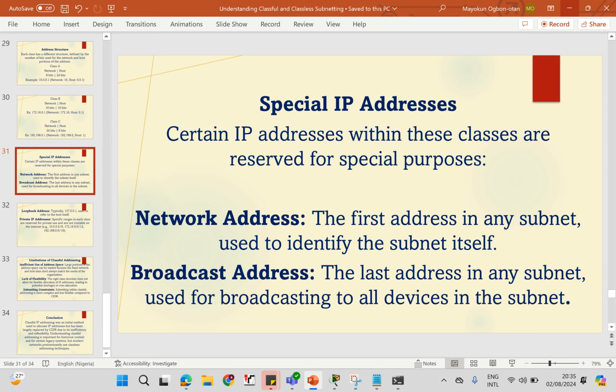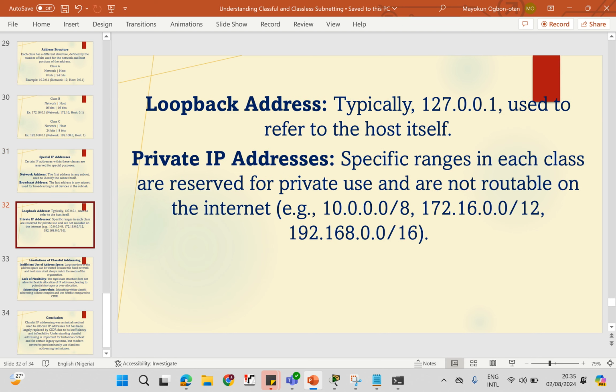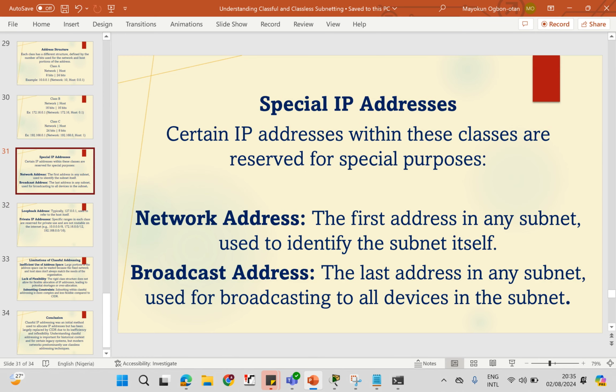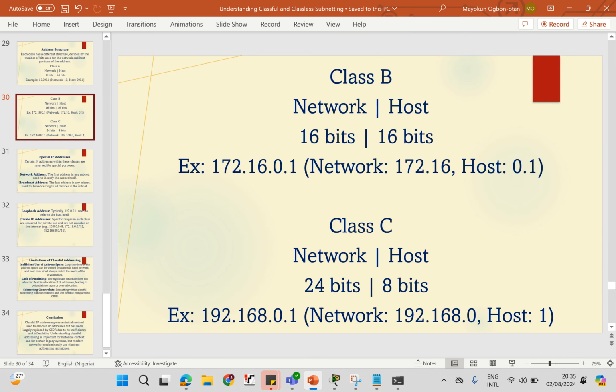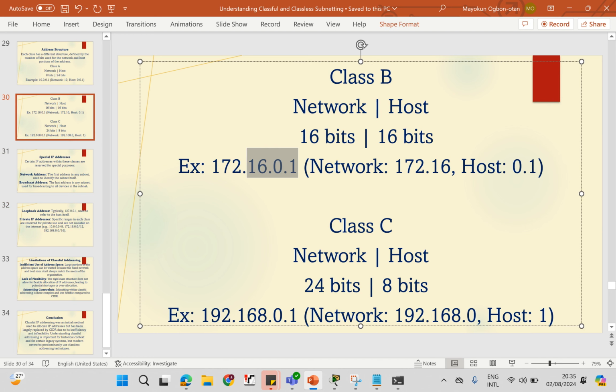Number one is the network address. The first address in any subnet used to identify the subnet itself is what we call the network address. The first. So for instance, 172.16.0.0, that's the network.